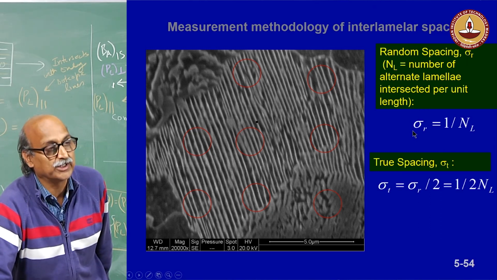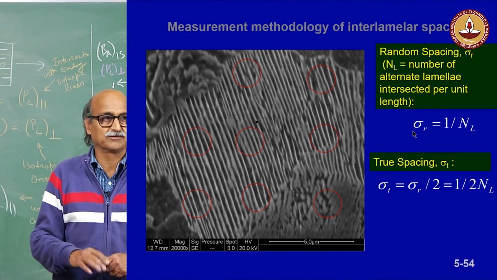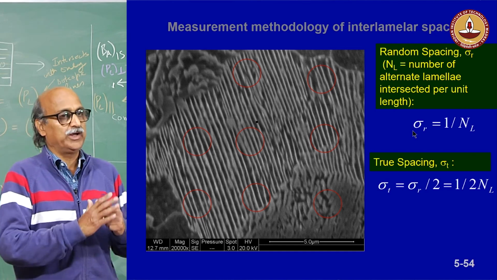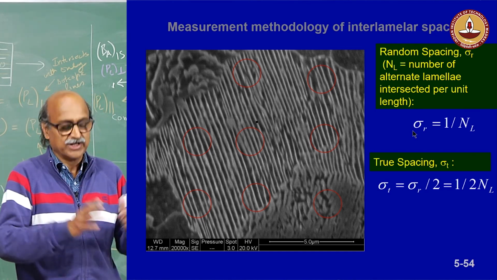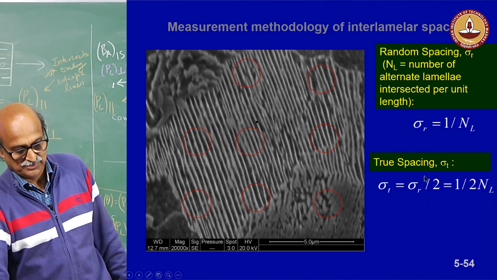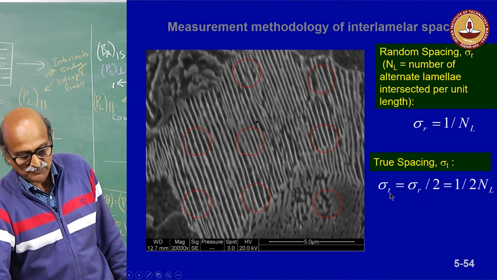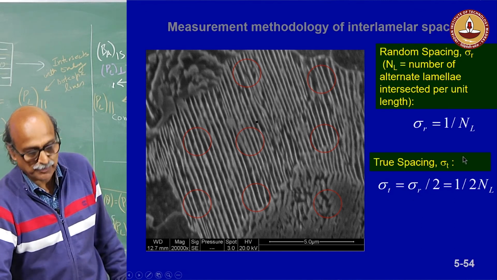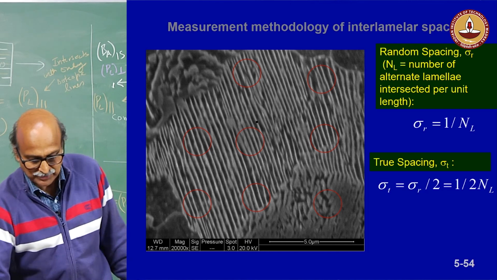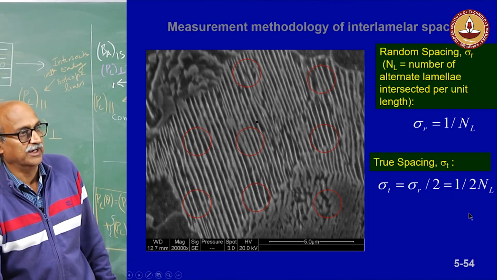Then it can be shown again through stereology, and I am not going to derive it here, that the true interlamellar spacing on an average is half the random spacing. So, sigma t, which is the true spacing, is given by sigma r, the random spacing, divided by 2, or it is simply 1 upon 2 NL.